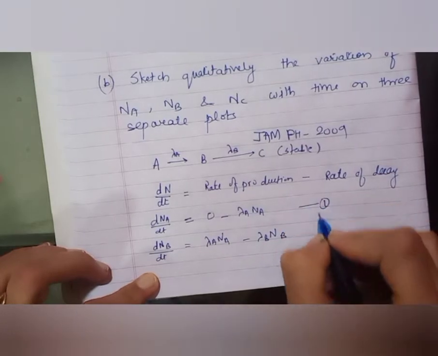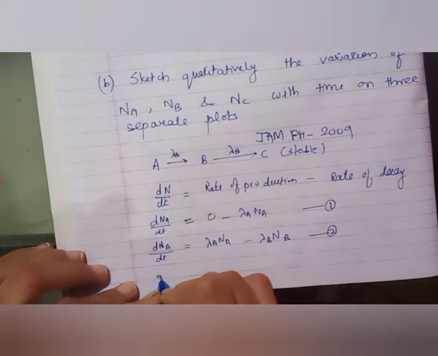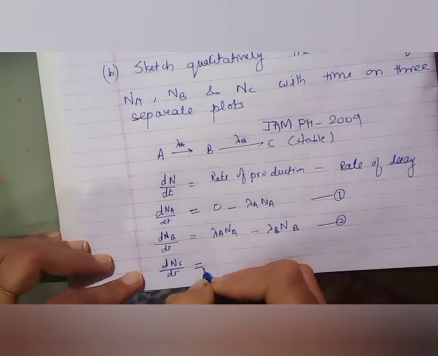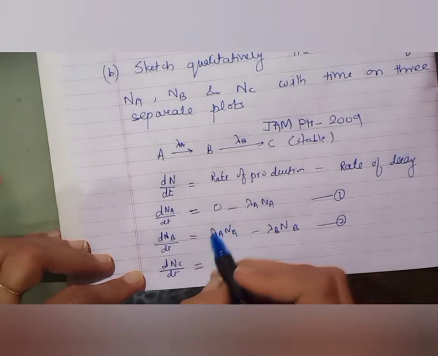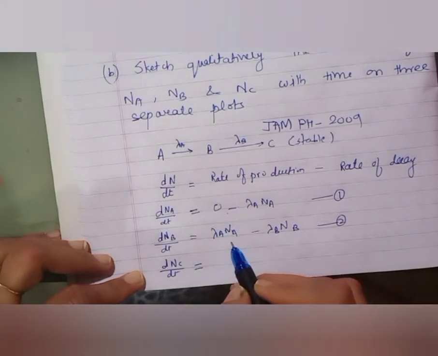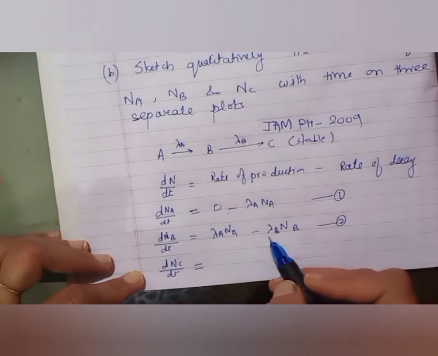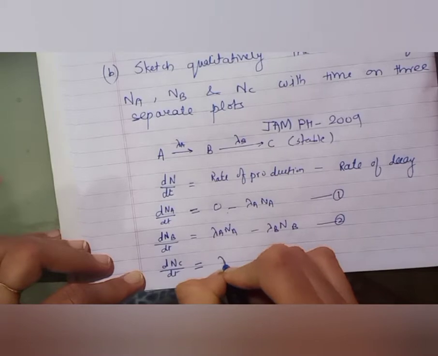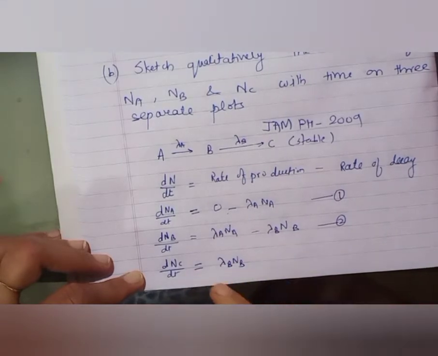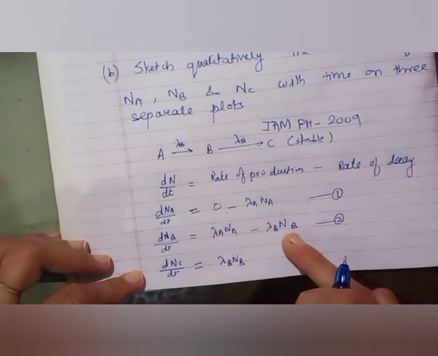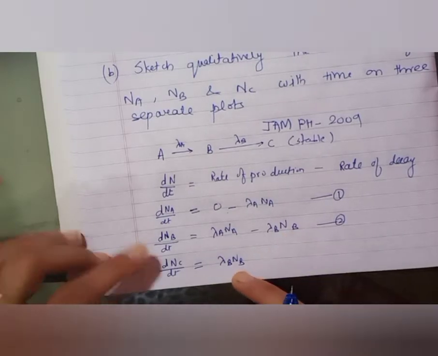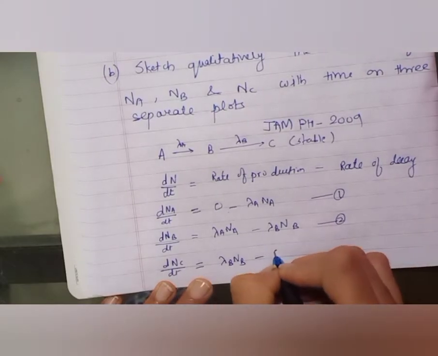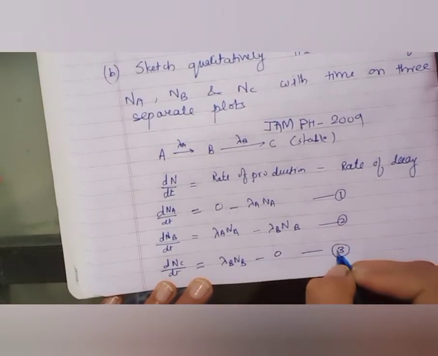So this is 1, this is 2, and dNc upon dt: A decays to form B, and then B starts decaying to form element C. So there is a rate of production of C which equals the rate of decay of B. But C is a stable element, so it will not decay. So the rate of decay for C is 0.